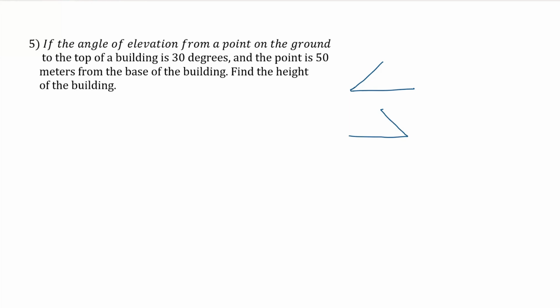So here's the point on the ground, and I assume we need the ground, so here's the ground, right? And here's the point. So if the angle of elevation from a point on the ground to the top of a building is 30 degrees, so if I draw this and say that this angle is 30 degrees, and then we have a building over here, to the top of the building, so here goes the top of the building.